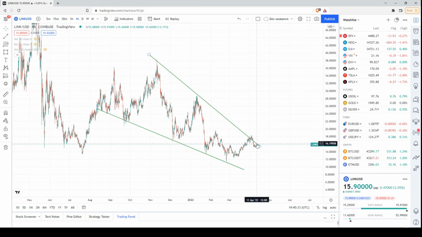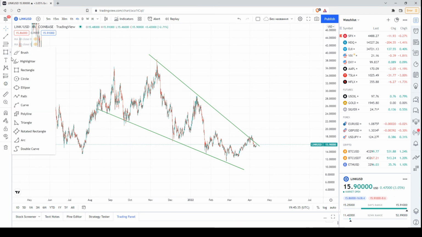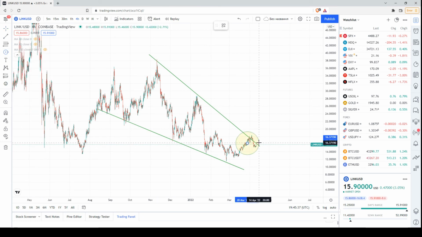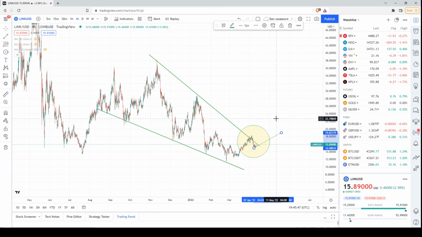That's why we have to be really very cautious. It's a downtrend, but if the price exits this downtrend, then we will receive an initial bullish signal. And that's why I would like to mention that the 4-hour chart is really very important at the moment. We're at a crossroads. Let's wait and see what happens.